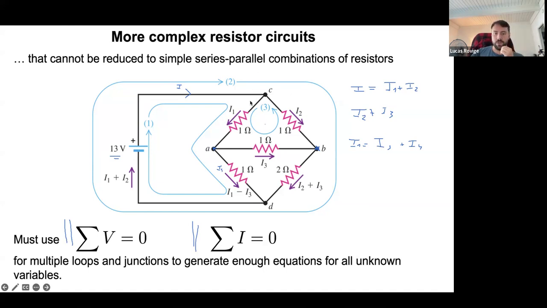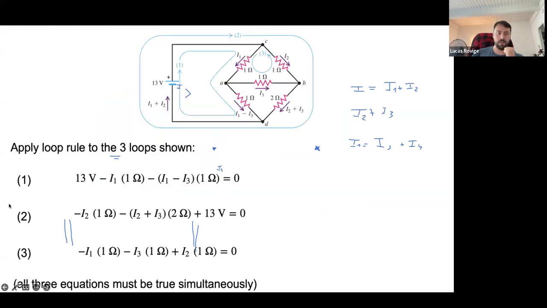And now we can also use the inner loop and apply the loop rule to that closed loop, even though there's no battery. We just have to be careful about the direction of the current and know which one to subtract and add. So let's see how it works out.